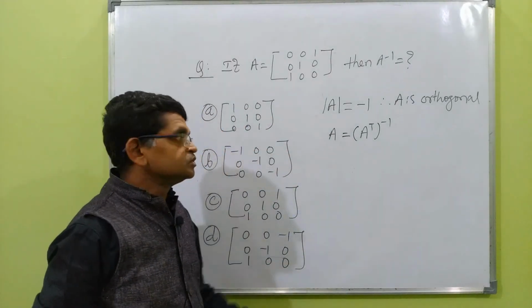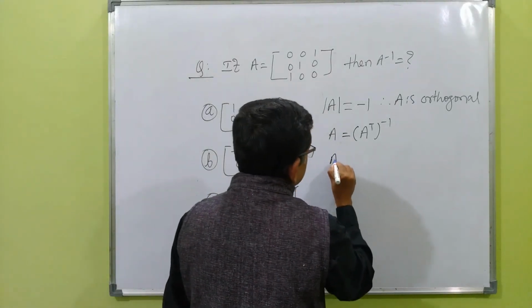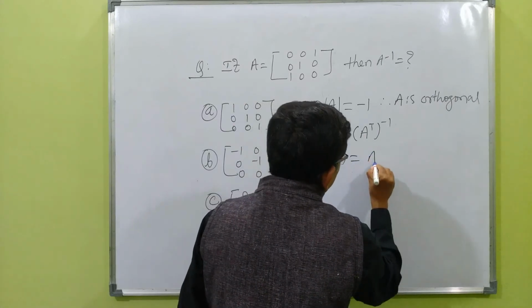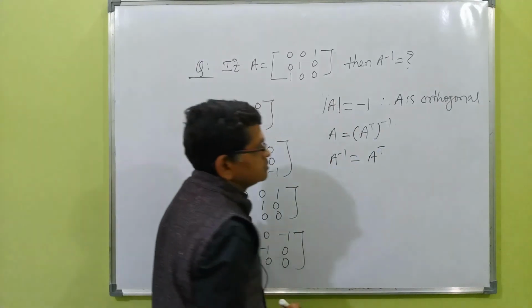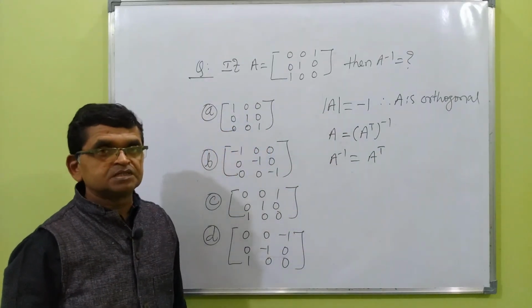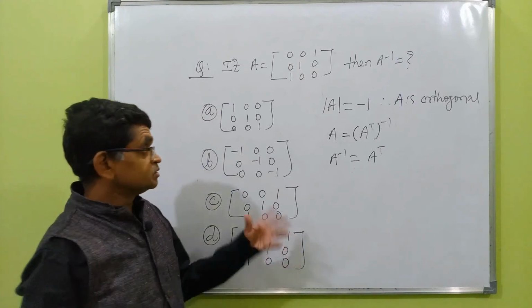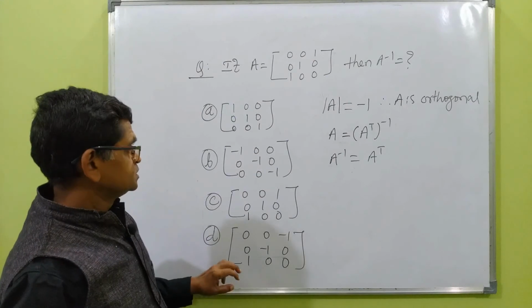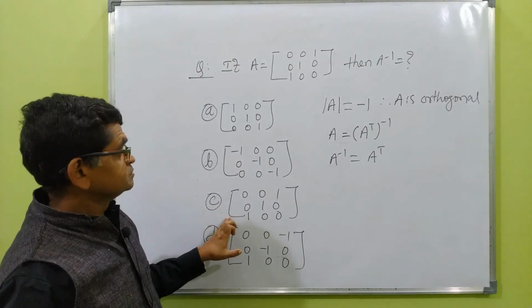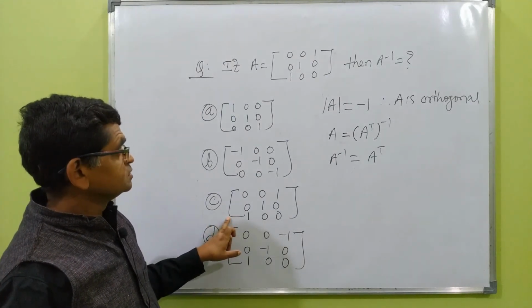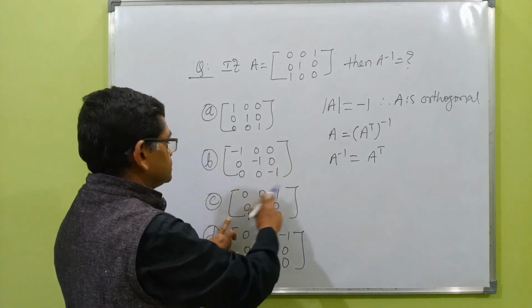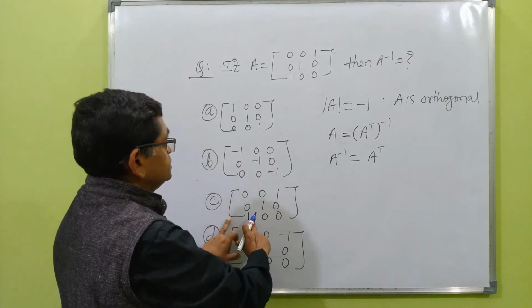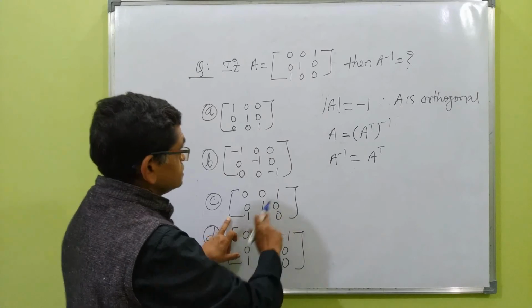If it is so, then A inverse will be A transpose only, isn't it? So now, what is the transpose of this? So this will be C, isn't it? First row, second row, and third, yes.